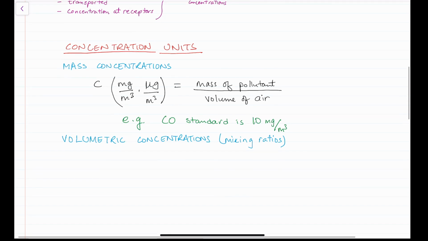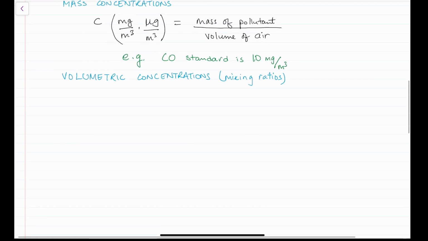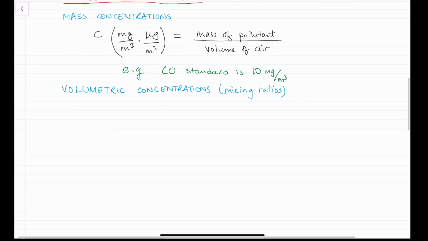And we're going to be using these very extensively throughout the course, so make sure you understand all of these. So mass concentrations are denoted by C, and the volumetric concentrations are denoted by Y. And these are measured as a percent, parts per million, parts per billion, and so forth.